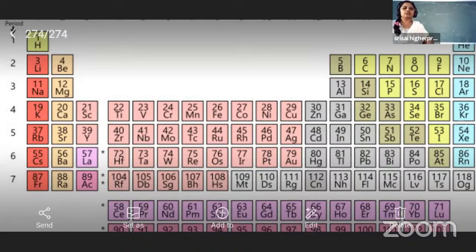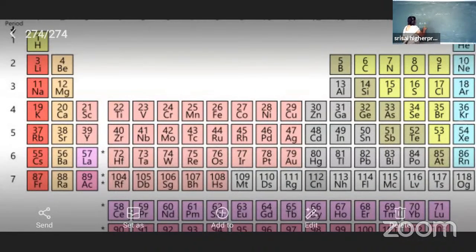some elements are there. You can see the first one. What is that? Hydrogen. The atomic number of hydrogen is 1. And lithium is 3.